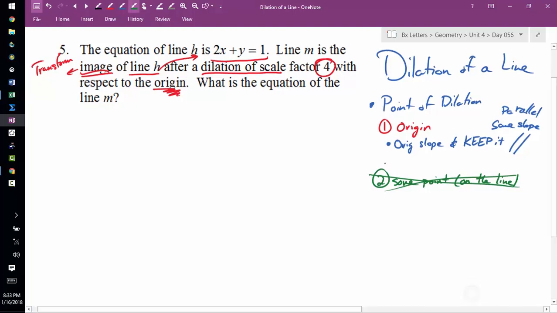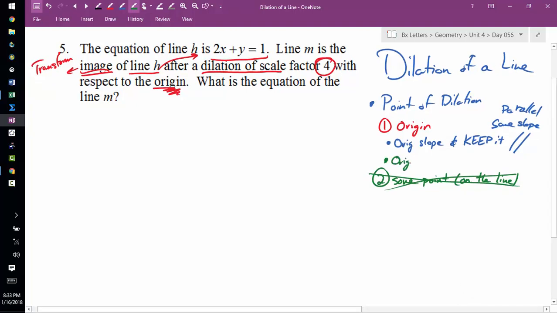And then the other thing we need is the original y-intercept, or in other words, the b value, because this is going to get multiplied by the scale factor. And that will be what we use to make our new equation, because that's what they're asking us.